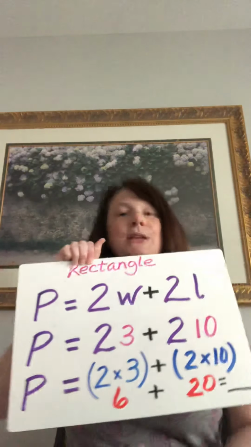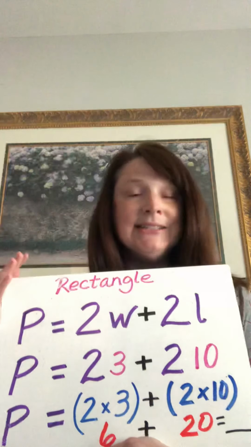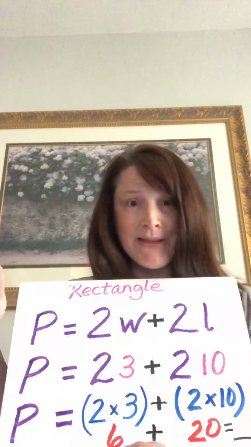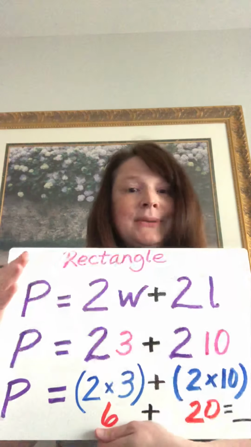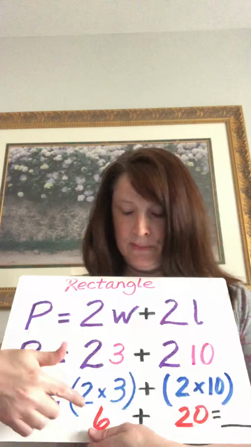Okay, and when you do that, I think it's a little bit cleaner to add some parentheses in, and you know that whatever's in parentheses we always do first. And so that's what I've done here. I've added the parentheses.